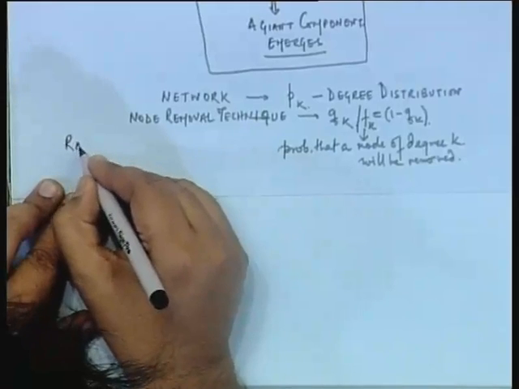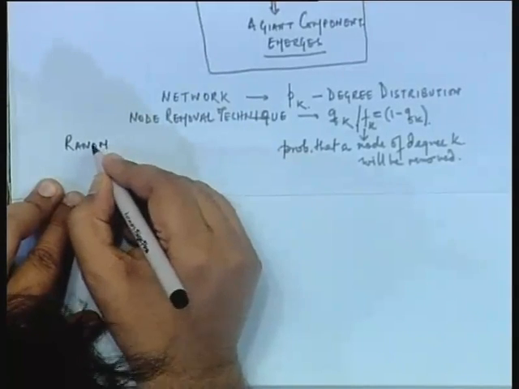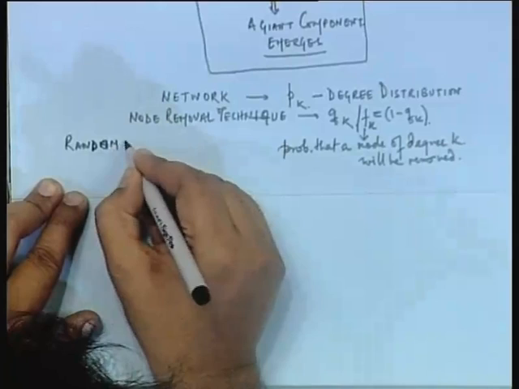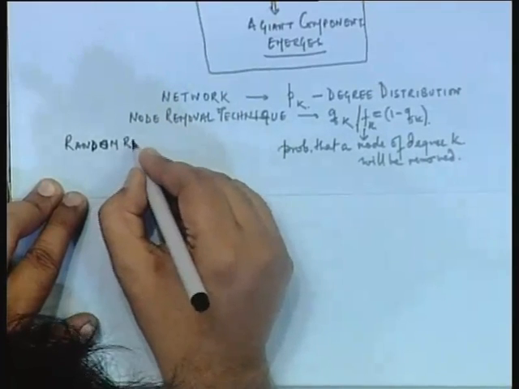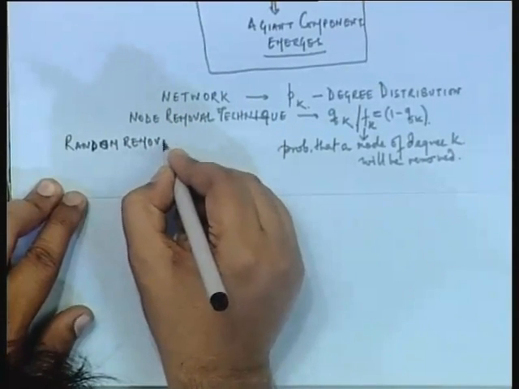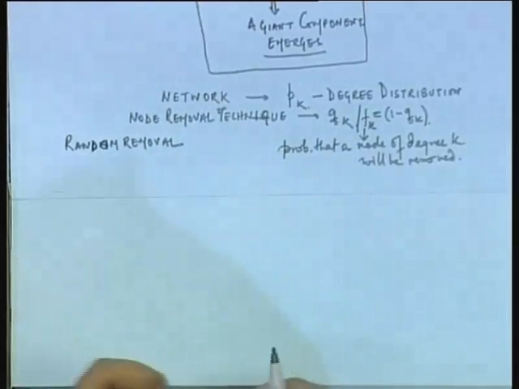Okay. So we will use the same thing. Just before I go to the technique, I can ask you some questions. If it is random removal, random removal of any node means all nodes are equally likely to be removed.